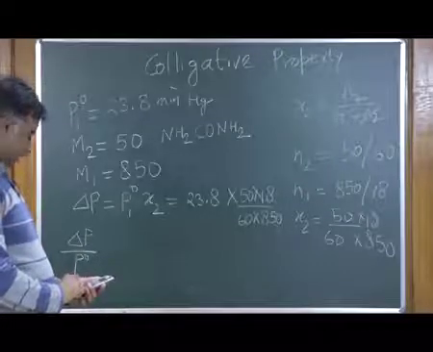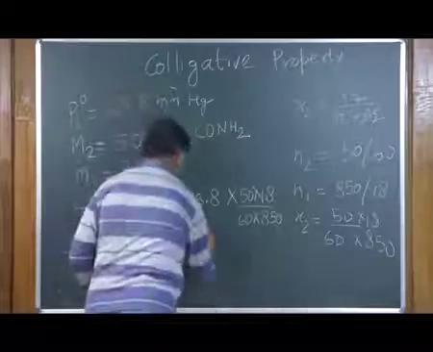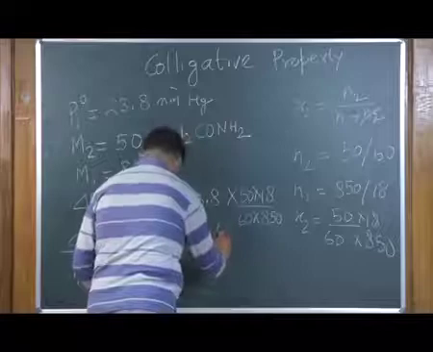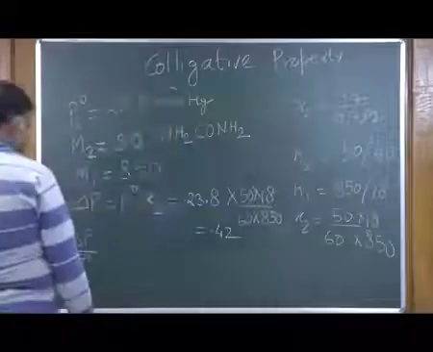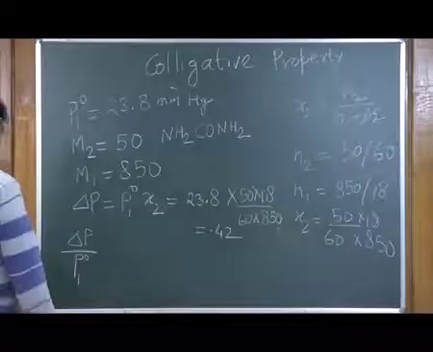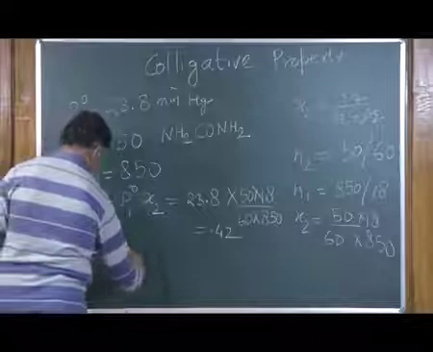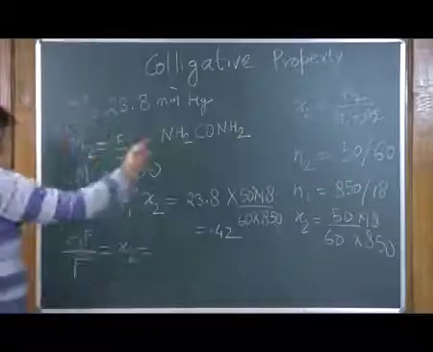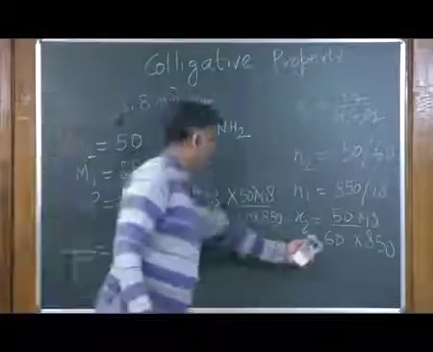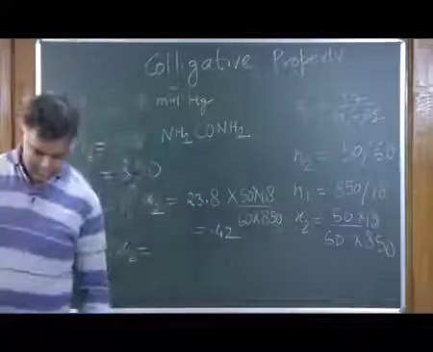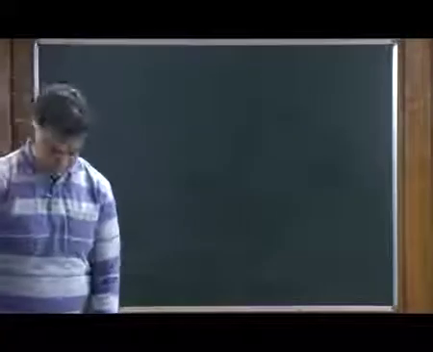So, the lowering in vapor pressure is 0.42. And now, what about this quantity? This is nothing but x2, which we have already calculated. So, x2 is right given here. Okay. So, we can handle this problem quite easily. Okay, let us attempt the next problem.